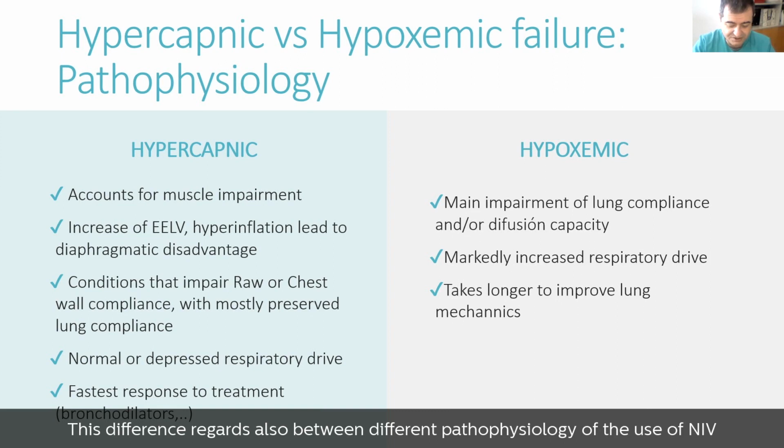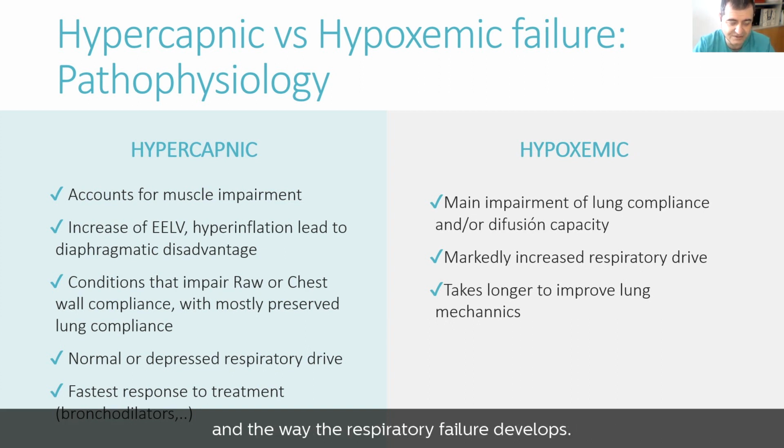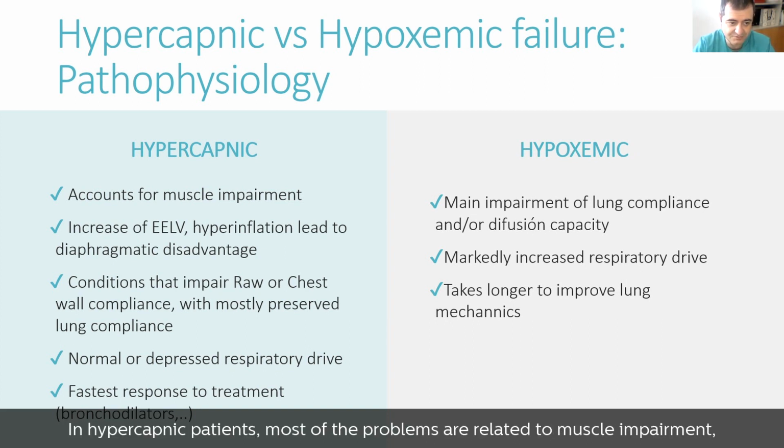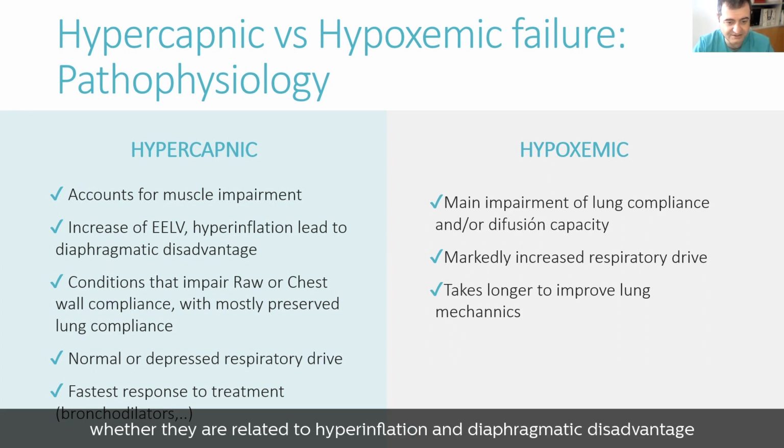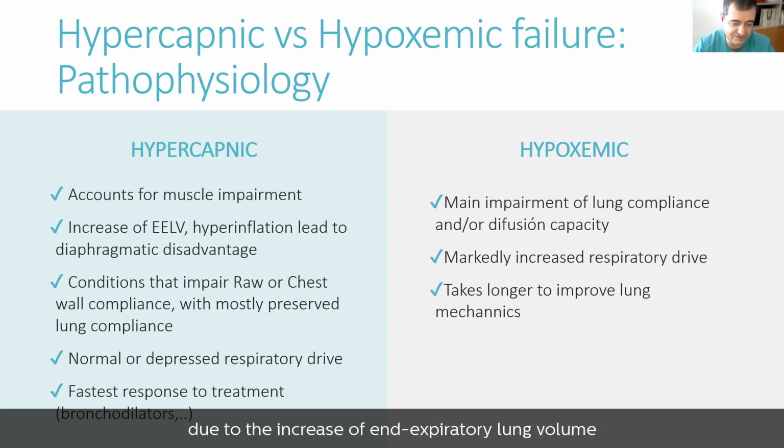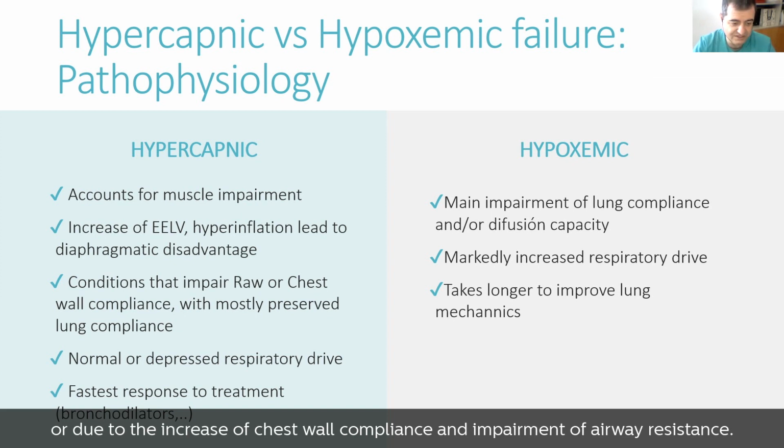This difference also reflects different pathophysiology in the use of NIV and the way the respiratory failure develops. In hypercapnic patients, most of the problems are related to muscle impairment, whether related to hyperinflation and diaphragmatic disadvantage due to the increase of end-inspiratory lung volume, or due to the increase of chest wall compliance and impairment of airway resistance.